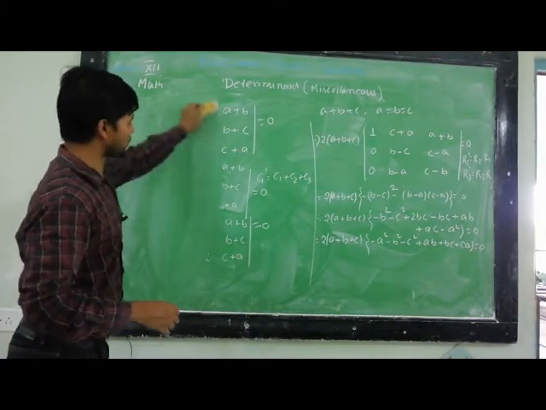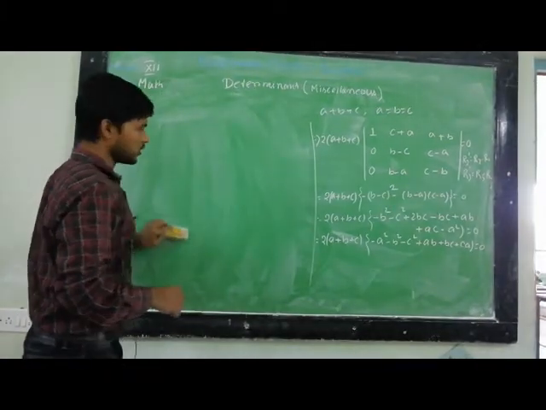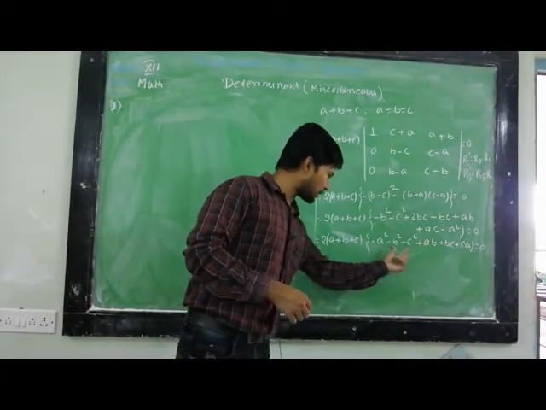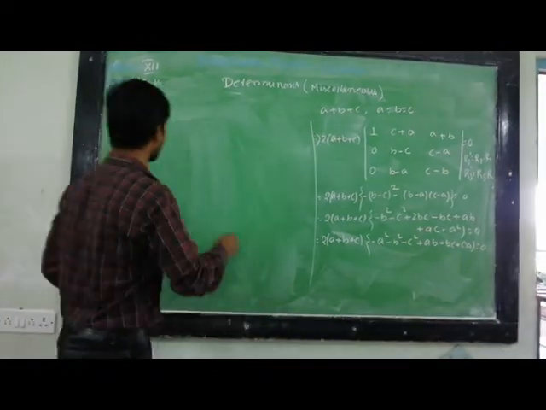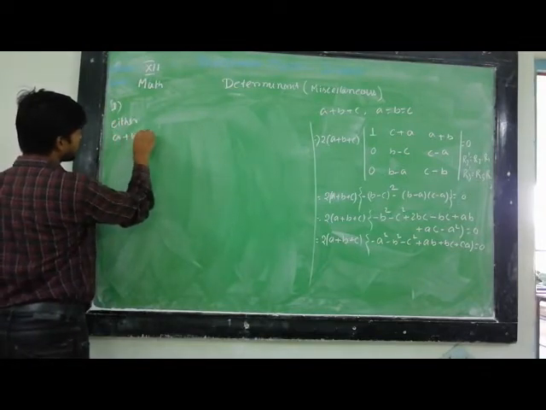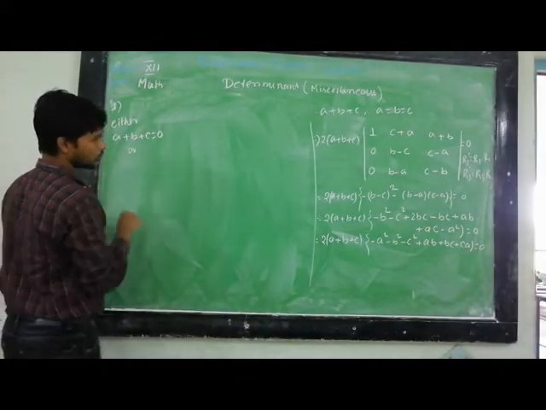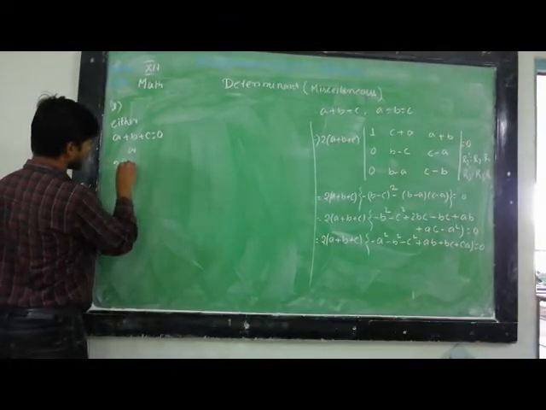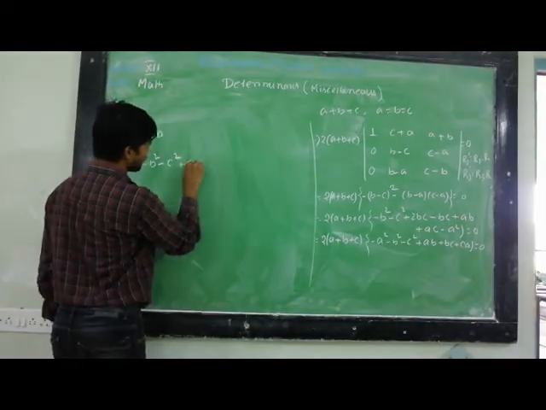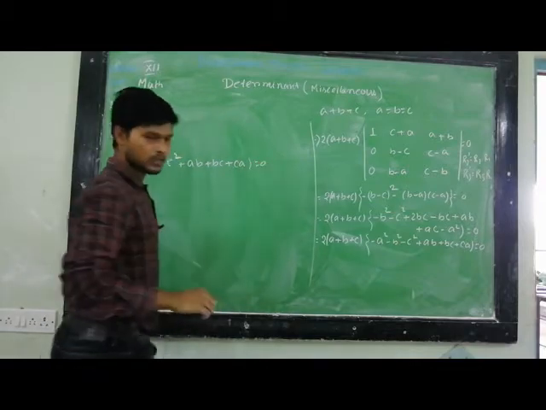So the final result of the determinant is this. Now look, we know a property of real numbers: if the product of two numbers is equal to 0, then one of them must be equal to 0. Now since the product of this and this is equal to 0, we can say that either A plus B plus C equal to 0, or 2 into (minus A square minus B square minus C square plus AB plus BC plus CA) equal to 0.